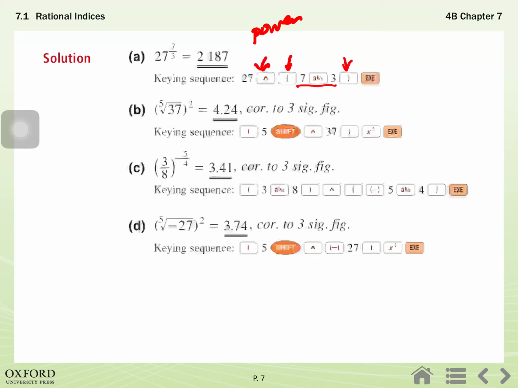And for this one, this 5 shift, this one is actually turning the power to 1 over 5. Alright, so remember this.